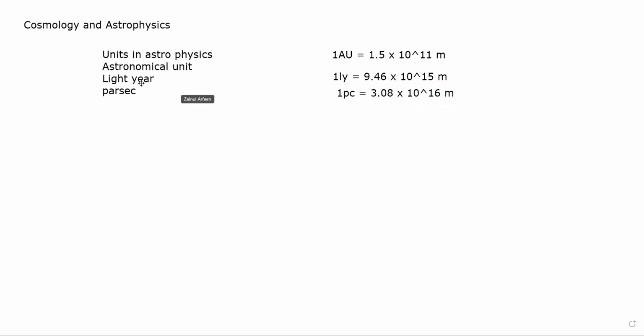Then the comparison between astronomical unit, light year, and parsec. So one parsec is equal to 3.26 light years.